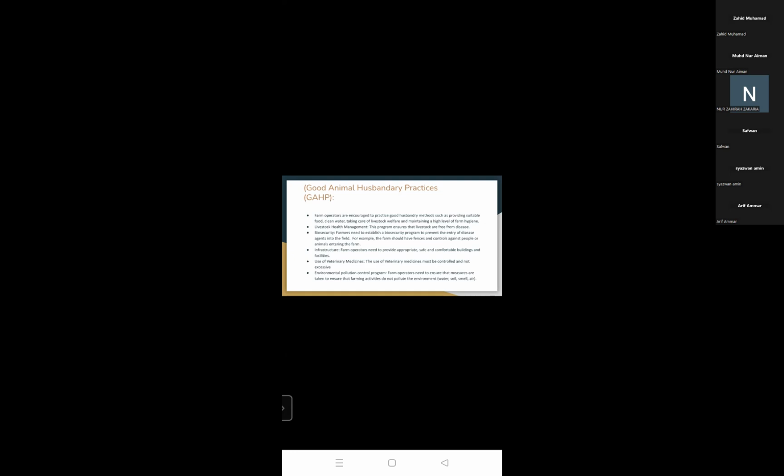And lastly, environmental pollution control program. Farm operations need to ensure the measures taken ensure the farming activity does not pollute the environment, water, soil, and air. Next is Malaysian Good Agriculture Practice, MyGAP.